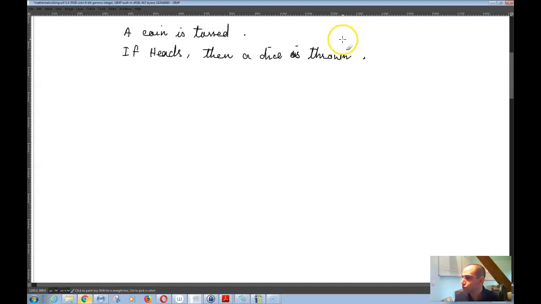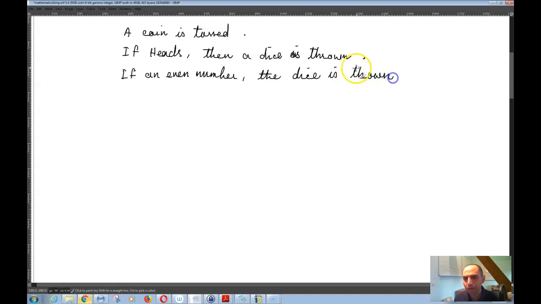If the dice shows up an even number, the dice is thrown again. So now you want to write a sample space for this experiment.